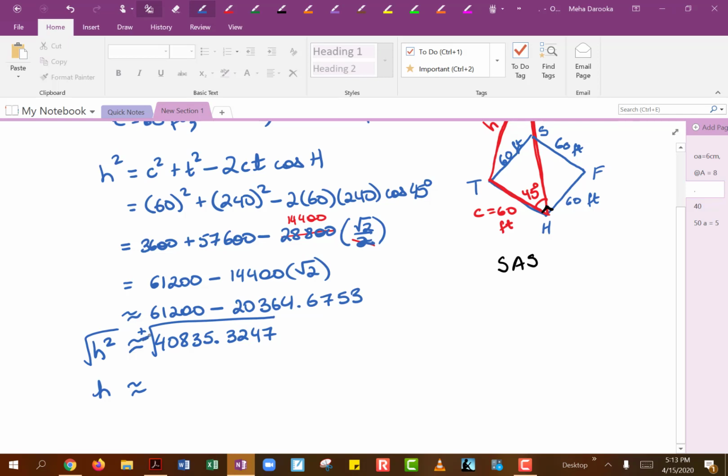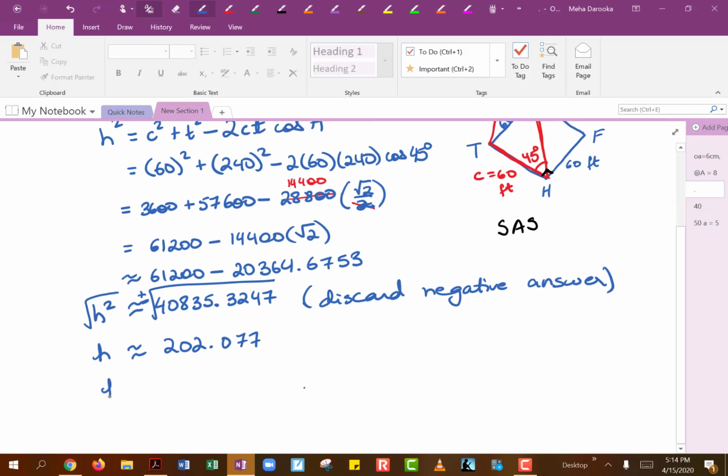Whenever you take a square root, you get one positive, one negative root. Just like you did before, discard your negative answer because our side of a triangle cannot be a negative number. And taking that square root, you should get approximately 202.077, rounding it to a whole number, you should get a total of 202 feet.